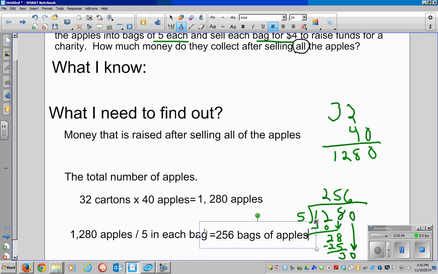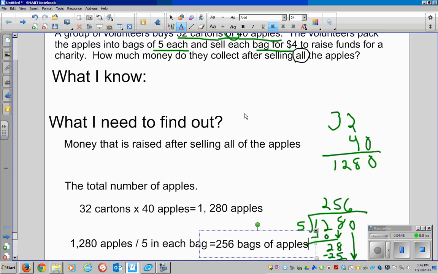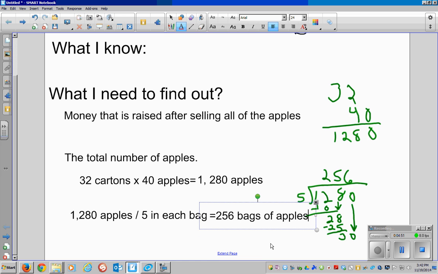Well, I need to take these 256 bags. I know that they sell each bag for $4. So I'm going to take the answer from my last one, 256, and multiply that by how much they were charging per bag, which was $4. And then I think I'm going to get my final answer.